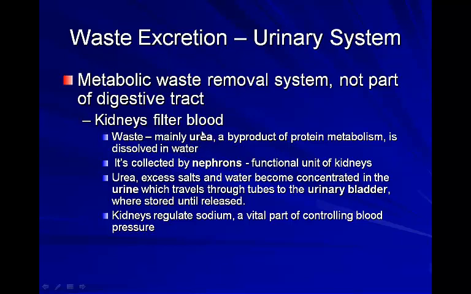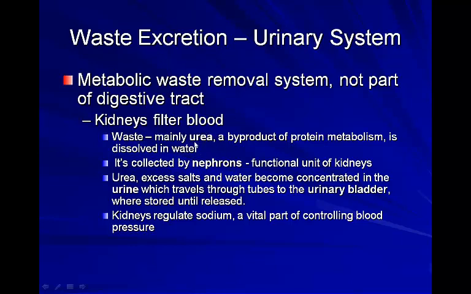There are forms of this in birds and other animals, like uric acid and ammonia, that are highly toxic to us. But other animals, like reptiles and birds, concentrate their waste so that they don't need as much water. We can't do that, but again, we don't fly or live in deserts without shelter. So if we had uric acid, we would be in big trouble. That's much more toxic than urea.